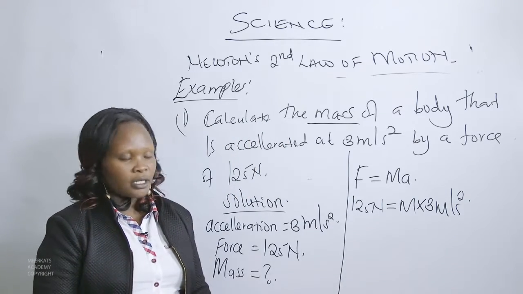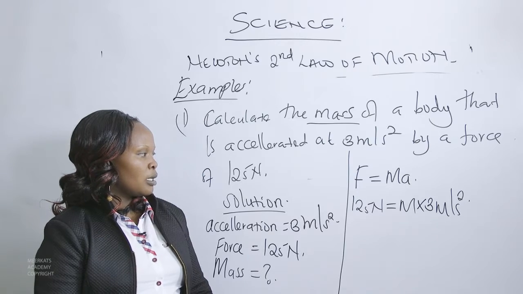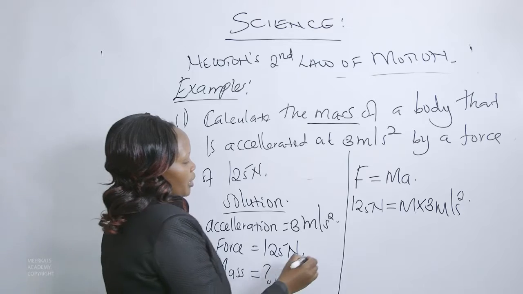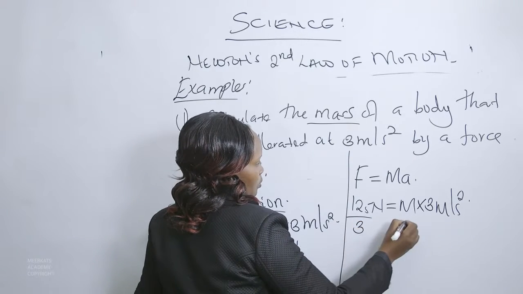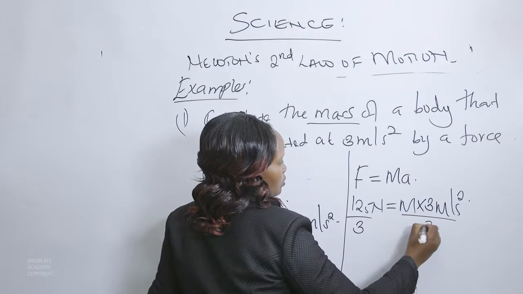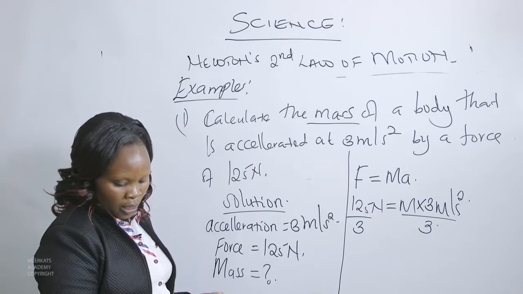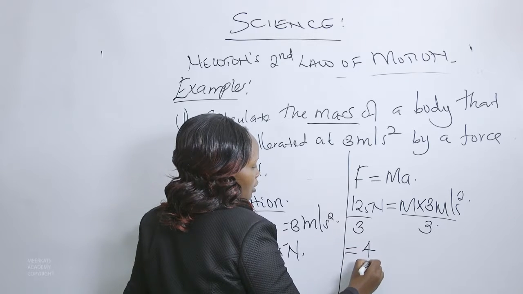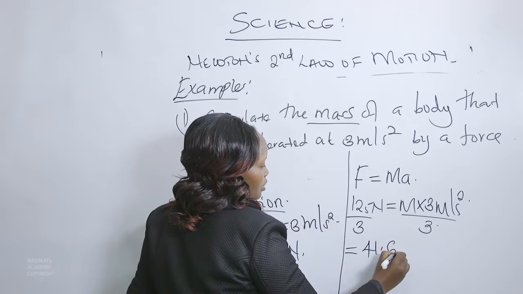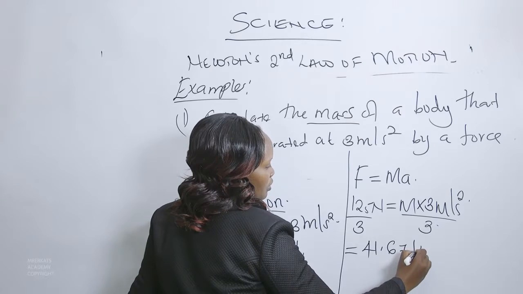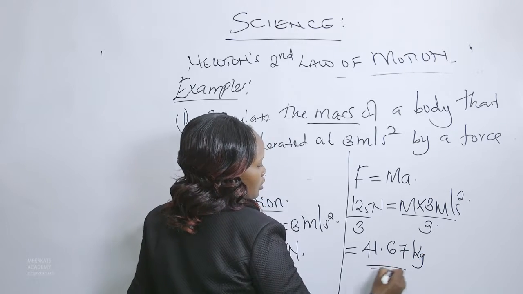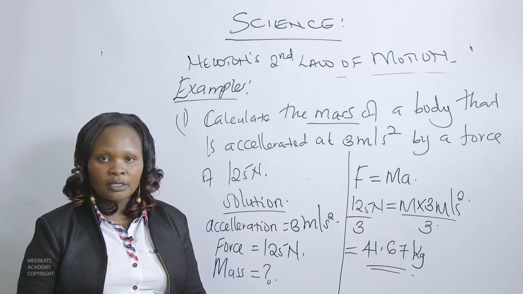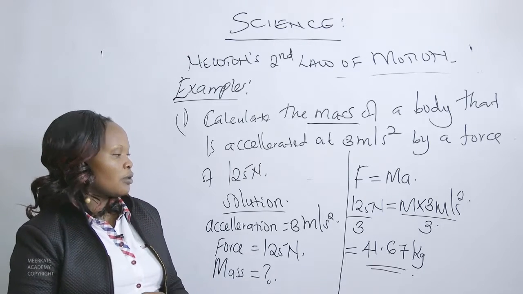So let us try and calculate the mass by dividing all through by 3, and you get a mass of around 41.67 kilograms.